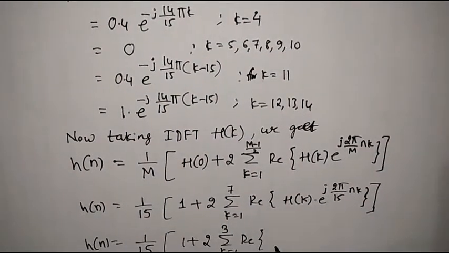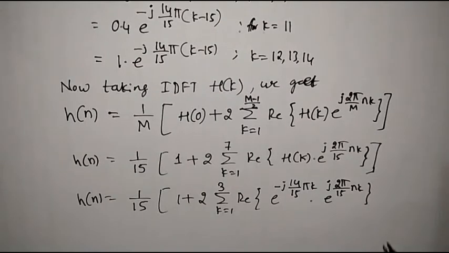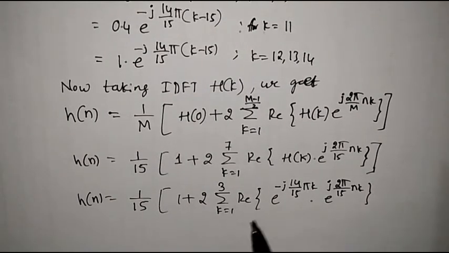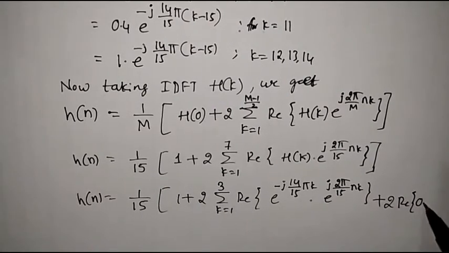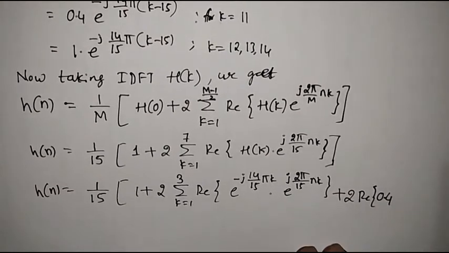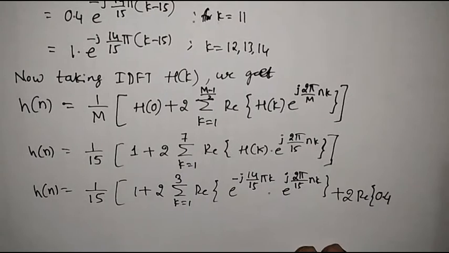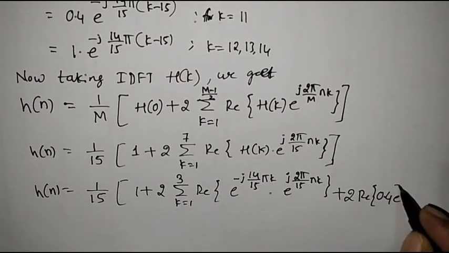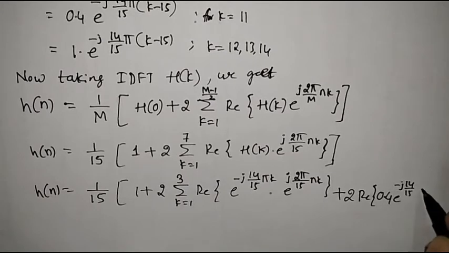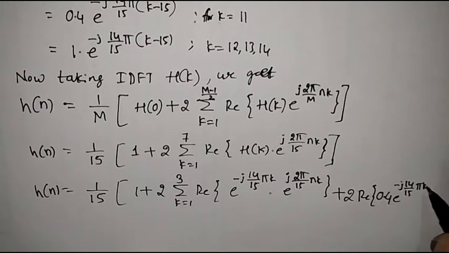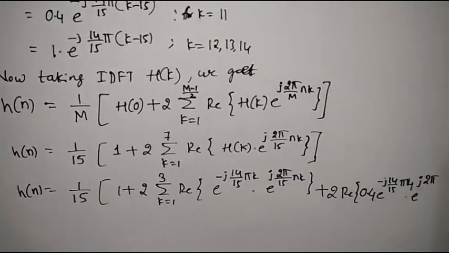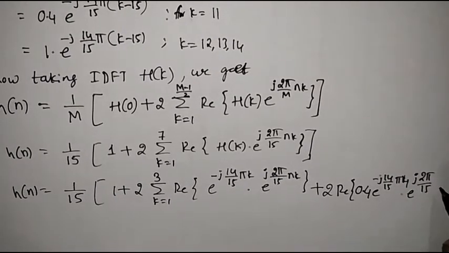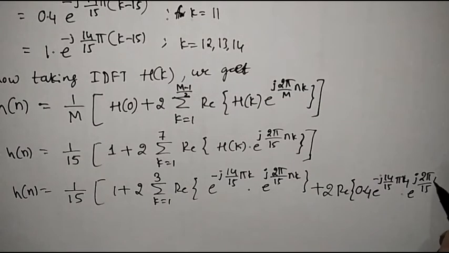We'll write the same thing here, e into k, plus 2 real part of 0.4, that is for k equal to 4, its value is 0.4 e power minus j 14 by 15 pi k. For k equal to 4, we'll directly take it as pi into 4 into e power j 2 pi by 15, 4 into n.